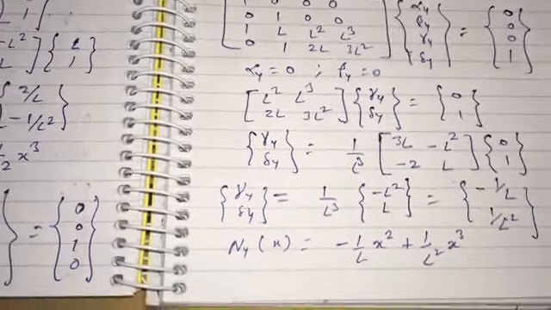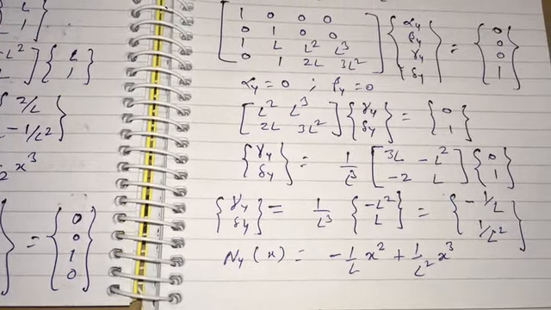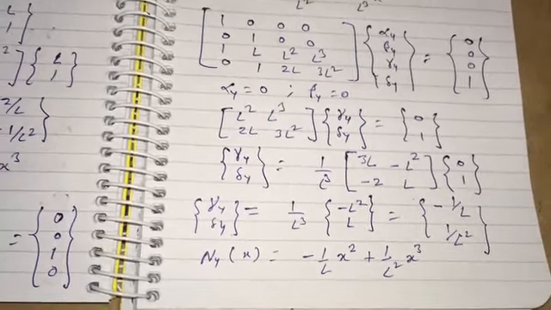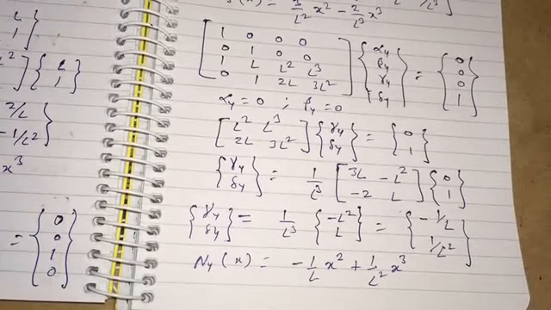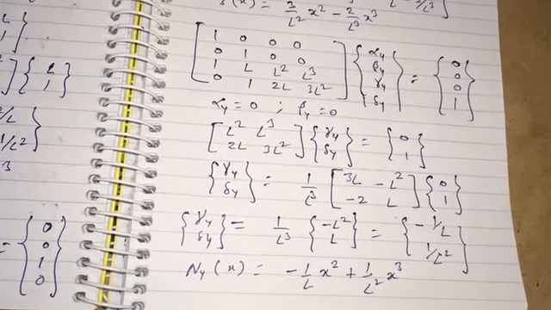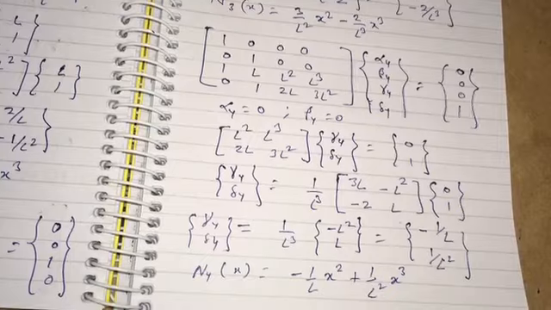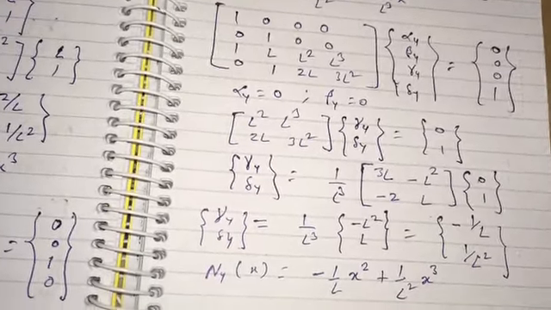Okay. So now we have all the shape functions. Next is to use them to find out the stiffness matrix, and that's what we will do. So we will have to start with the weak function. So that's what we will do next.